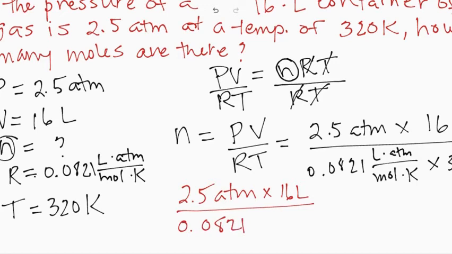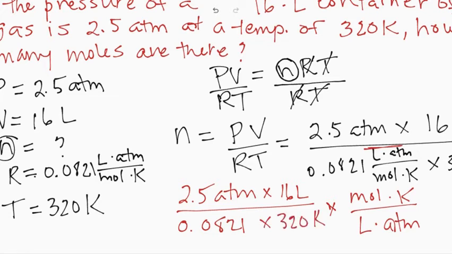Instead of putting the units right here, I'm going to tag them onto the end. And I'm going to flip or invert the fraction for the units because I'm multiplying them now instead of dividing. And that's a good way to deal with it. So just tack the units onto the end of the problem and invert the fraction. Okay, and then I also want to multiply by 320 kelvins.